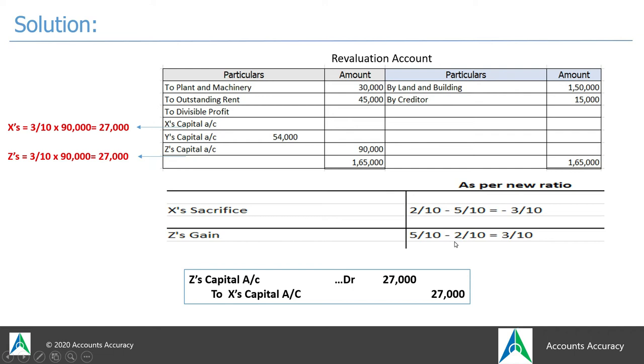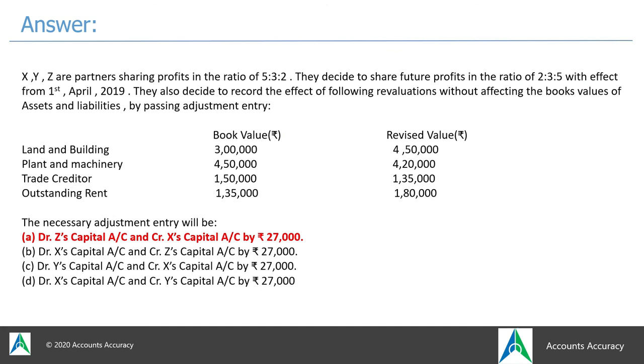The 3/10th share which X will sacrifice will be gained by Z, the same amount 27,000. So your entry should be: Z is gaining whereas X is sacrificing. So the correct entry will be Z's capital account debit and credit X's capital account with 27,000.